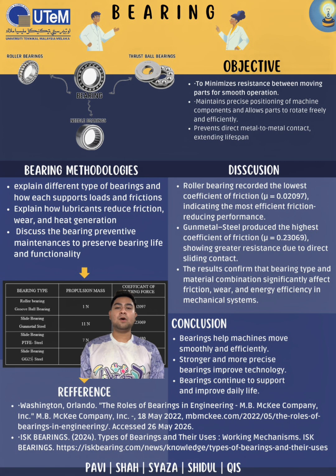The last point is that bearings will continue to support modern machines and improve our daily life by making the world go round. That's all for the conclusion of this topic. Thank you.